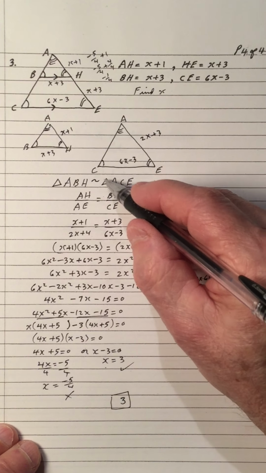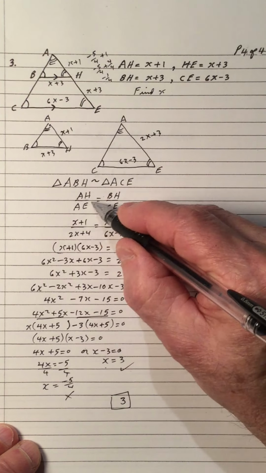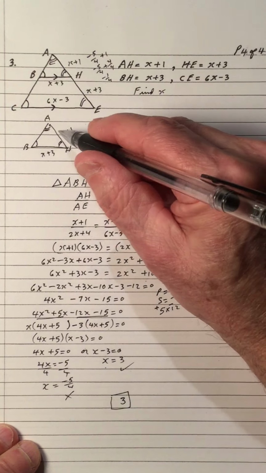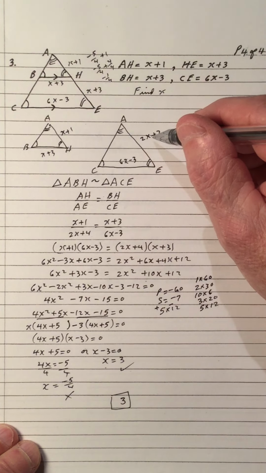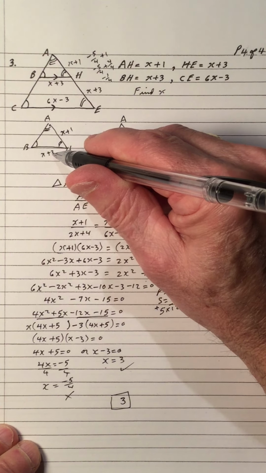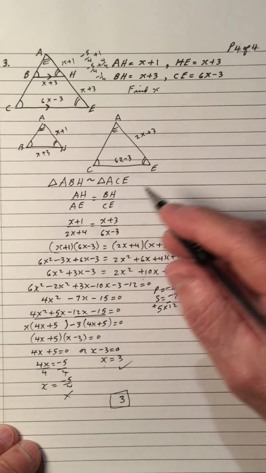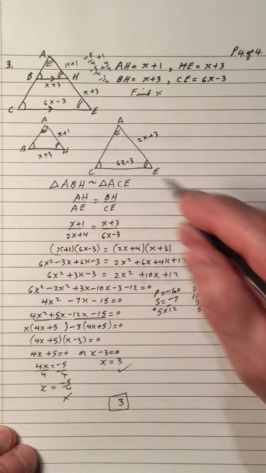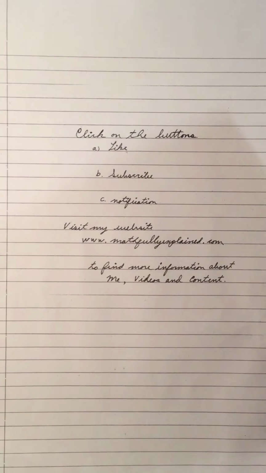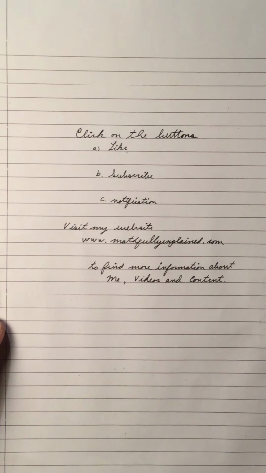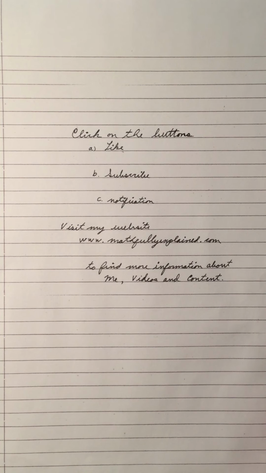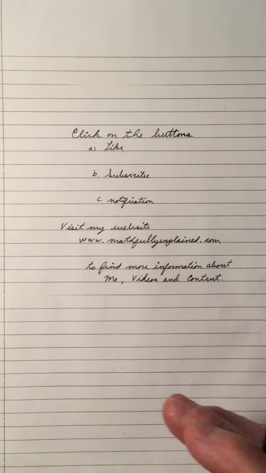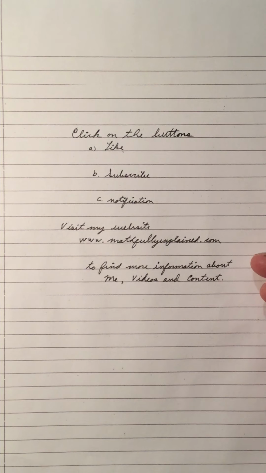You could write out the proportion like this, or you can fit in the triangle and then say x plus 1 over 2x plus 3 equals x plus 3 over 6x minus 3 to get the proportion without writing this down. But that's working out the quadratic word problems with rational expressions, and I work it out by multiplying by the LCD.